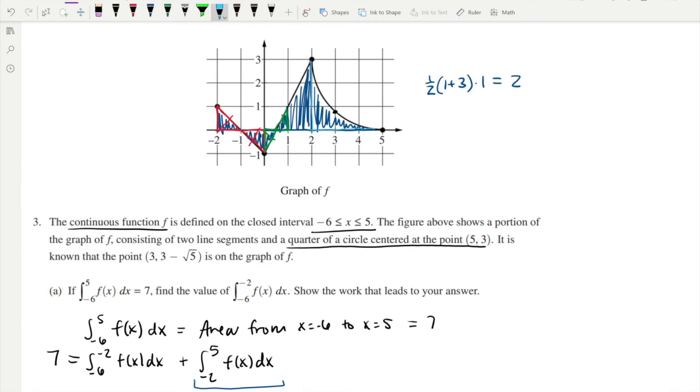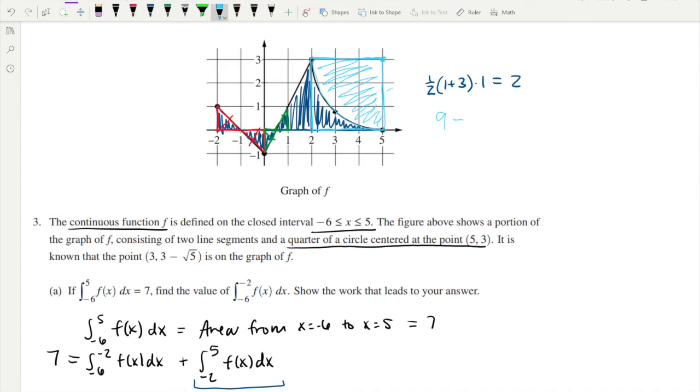And now we need to find this area here. And the key to doing that is that it tells us that this is a quarter of a circle centered here. And we know areas of circles, and we also know areas of squares. So to find that dark blue region, I can do the area of this 3 by 3 square, which is 9, and I can subtract off this area of the circle, right?